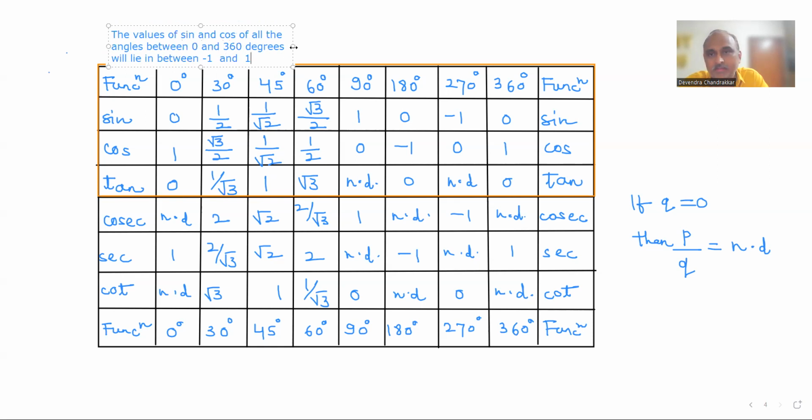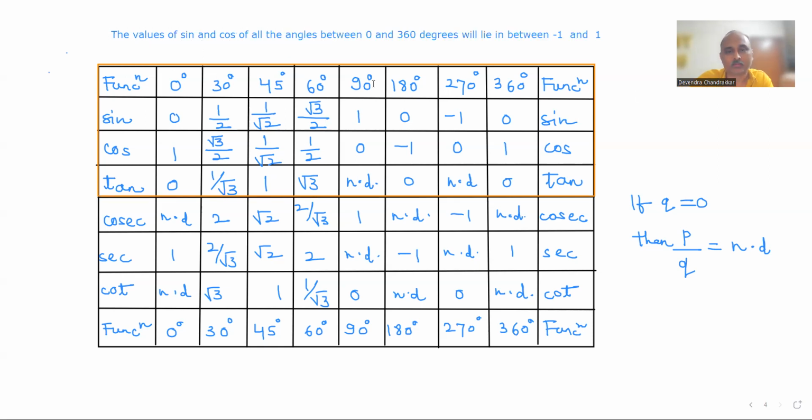Please remember this. It will be easier for you to remember these values then. So you can see here, all the values of sine and cos are between -1 and 1. So the minimum value of sine of all the angles is -1. Maximum value of sine of all the angles is +1.